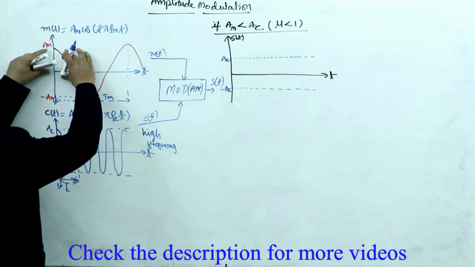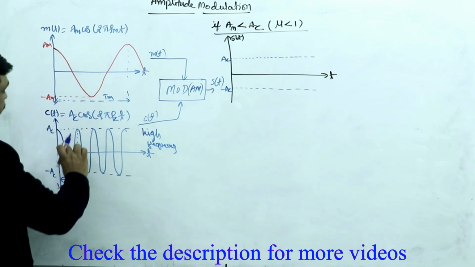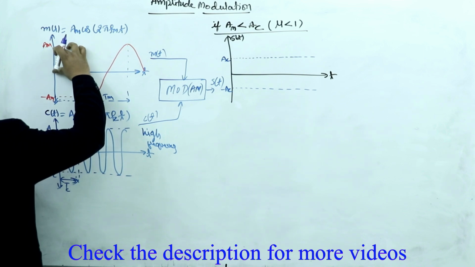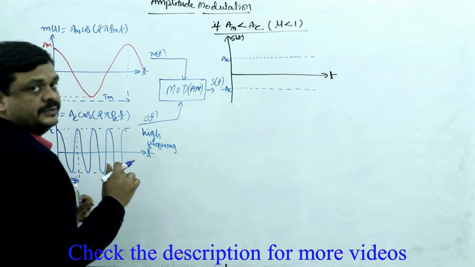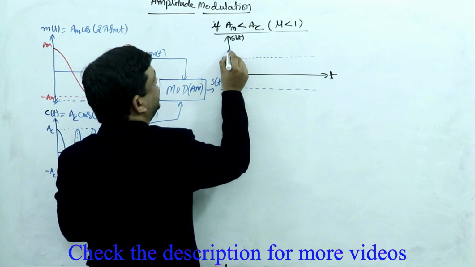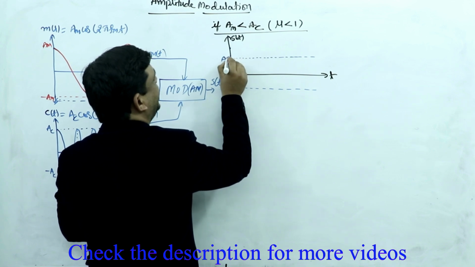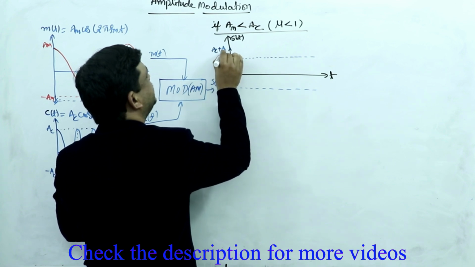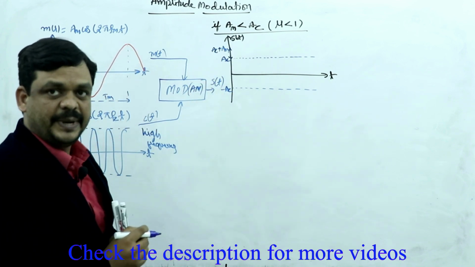Whatever the amplitude here, these amplitudes combine. Here how much amplitude is there? AC. And here how much? AM. This AM adds with AC. Already AC is defined here, and now I am taking up to this part as AM, so this becomes AC plus AM.